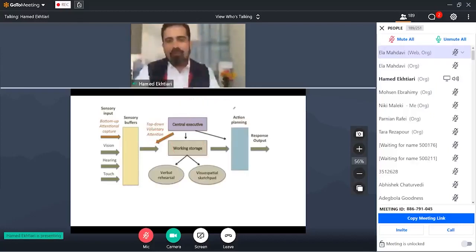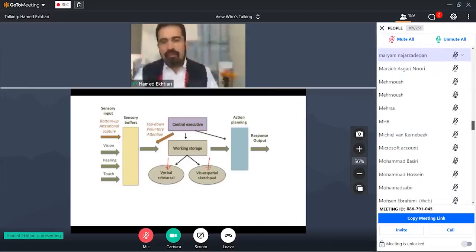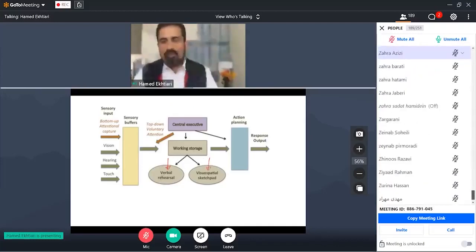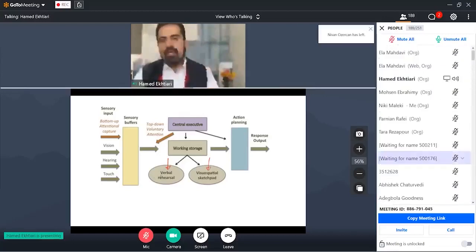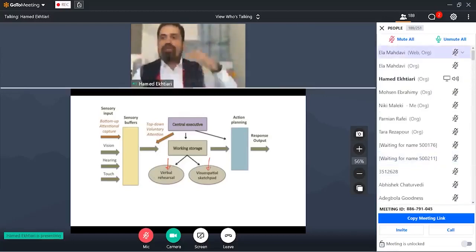When we talk about working memory, we need to think about two major processes that are involved. One is a verbal process, and the other is a visual process. We have space to keep some words and numbers in working memory, just repeating them one after another.